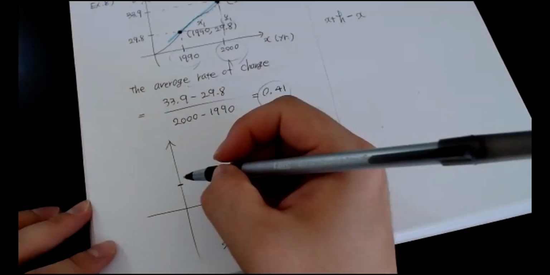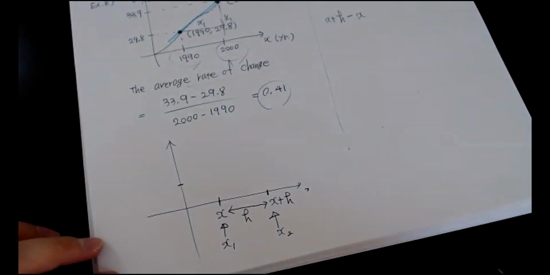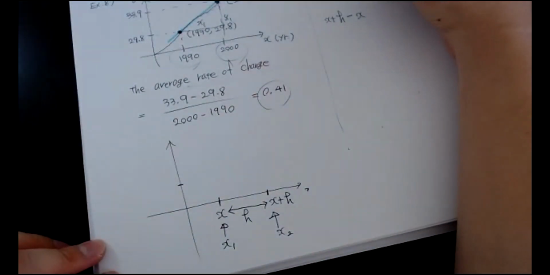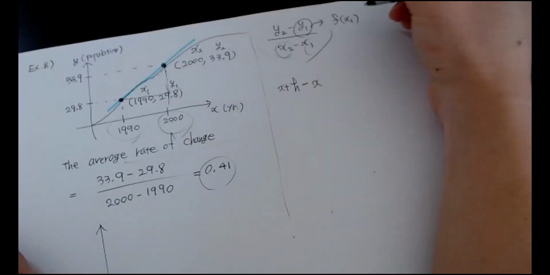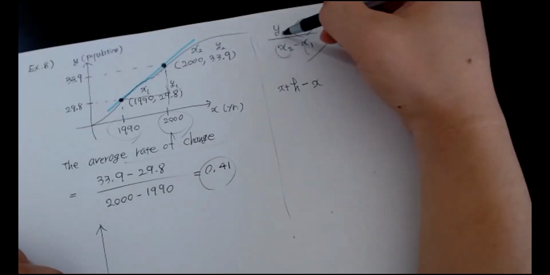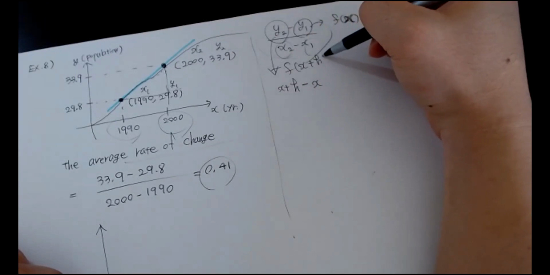Let's say the name of the function of population is f. Then y1 is nothing but f of x1, but we changed the name of x1 to x, so this is just f of x, right? And y2 is nothing but f of x plus h, right?